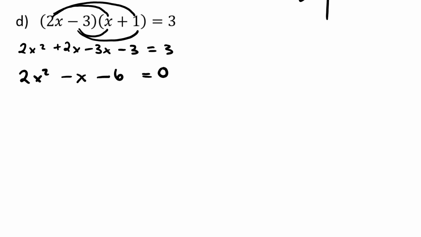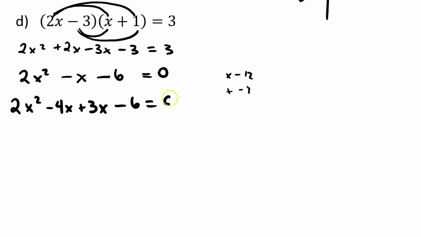So we want to find two numbers that multiply out to negative 12 and add up to negative 1. I think those numbers are going to be negative 4 and positive 3. So I'm going to split this one open again. That sounds kind of gross. Pretty gruesome for math class. Minus 4x plus 3x. And the reason why we do that is because minus 4x plus 3x is negative x.